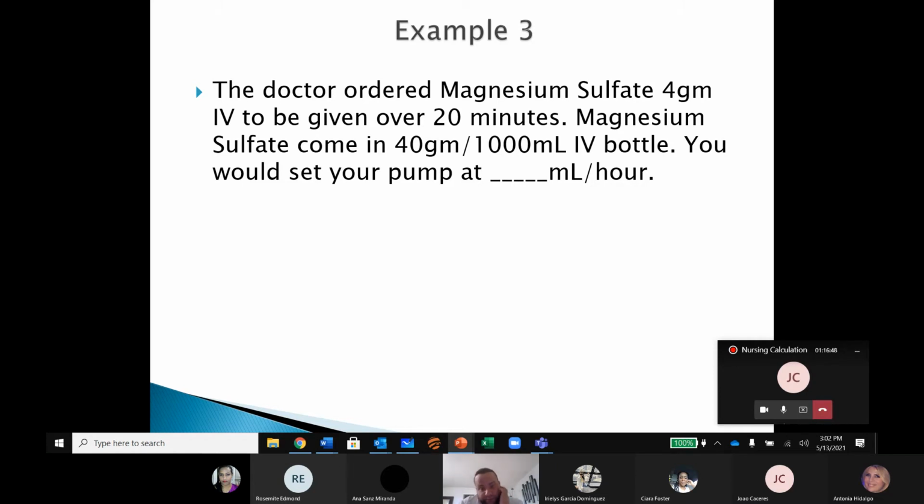Okay, how does the magnesium come? 40 over 1000 ml. Yes or no? Yes. And then you divide 4 by 40 and multiply times 1000.